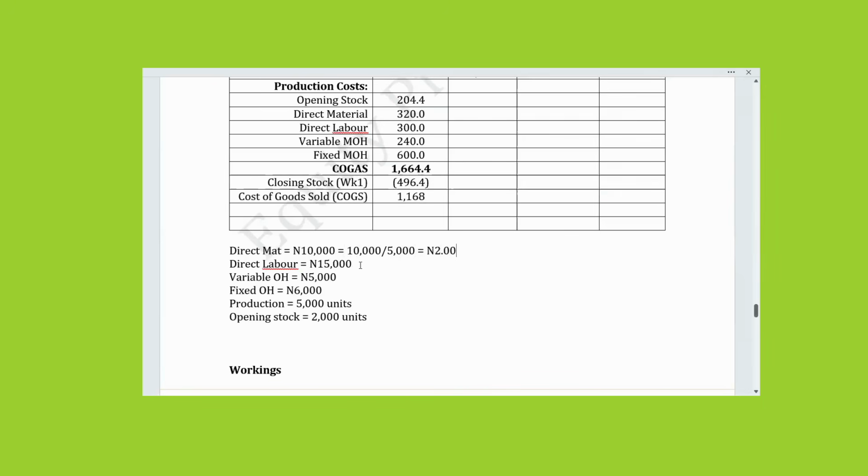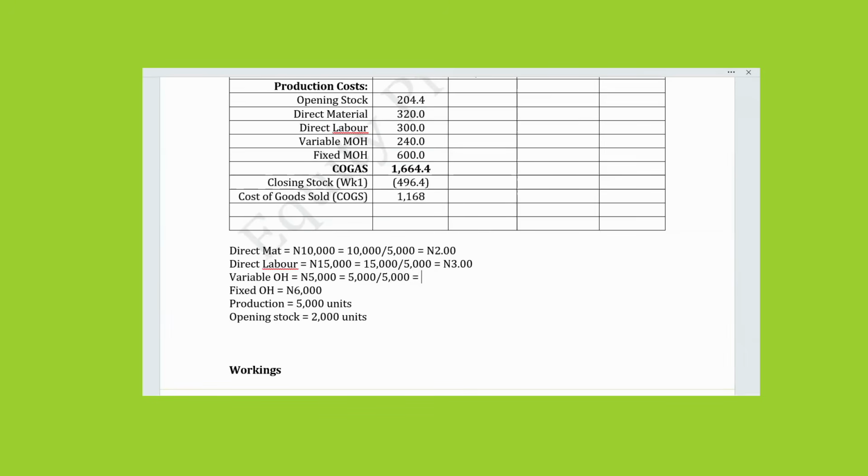You do the same thing for labor. Labor will be 15,000 naira divided by the actual units produced, which is 5,000. This will give us 3 naira per unit. I will do the same thing for variable overhead. Variable overhead is 5,000 naira divided by 5,000 units produced.